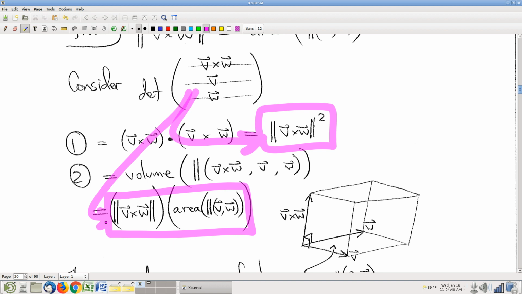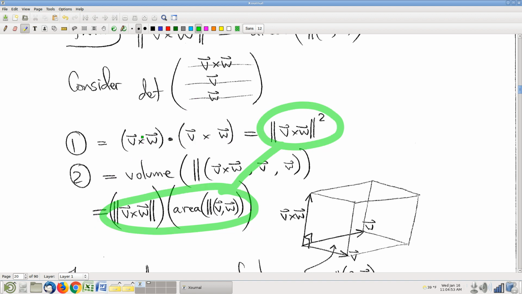Well, we care because we just computed the same thing two different ways. Therefore, these two things are equal to each other. Cancel a common factor of magnitude V cross W, and we got our result.